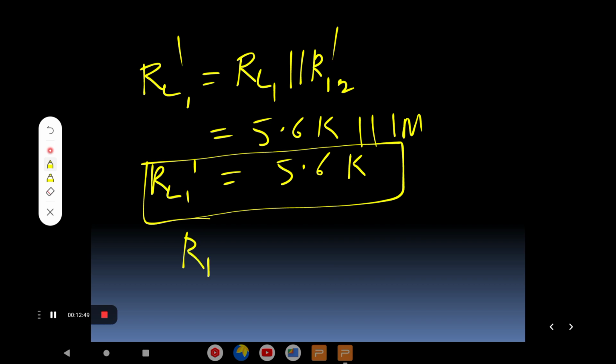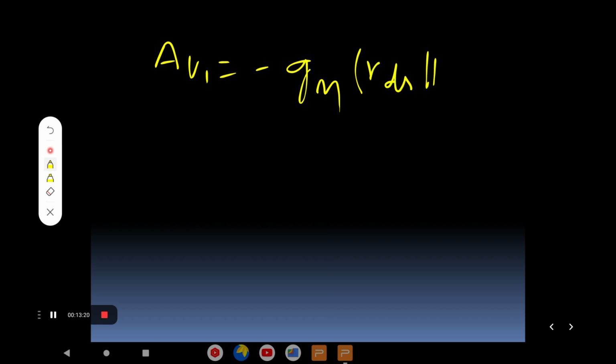At the same time, the input resistance RI1 dash is equal to RG1, that is equal to 2 mega ohms. That is also given data in the problem. AV1 is equal to output voltage, that is minus GM into output resistance. In case of the first stage, it has a bypass capacitor, so there is a formula variation: minus GM into RDS parallel with RL1 dash.